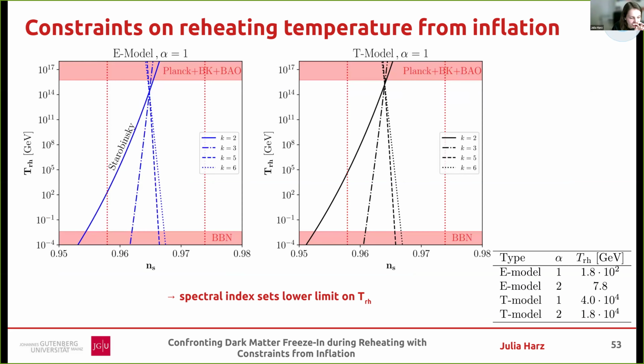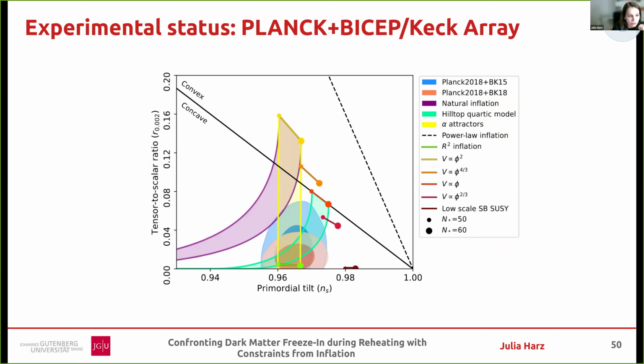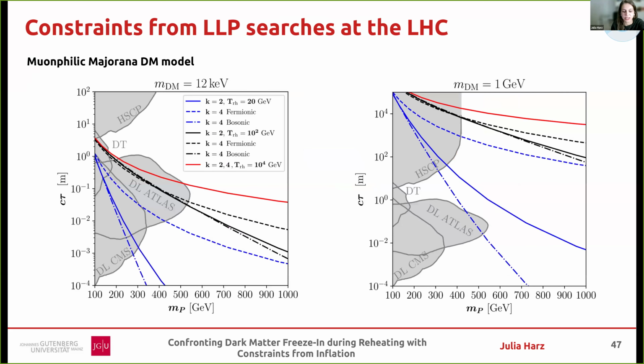So in the previous plot, the reheating temperature was a free parameter. So here, as you see, I simply vary the reheating temperature, quotation mark, randomly, and then say, okay, I don't want to overproduce dark matter. This is what I did in these plots.